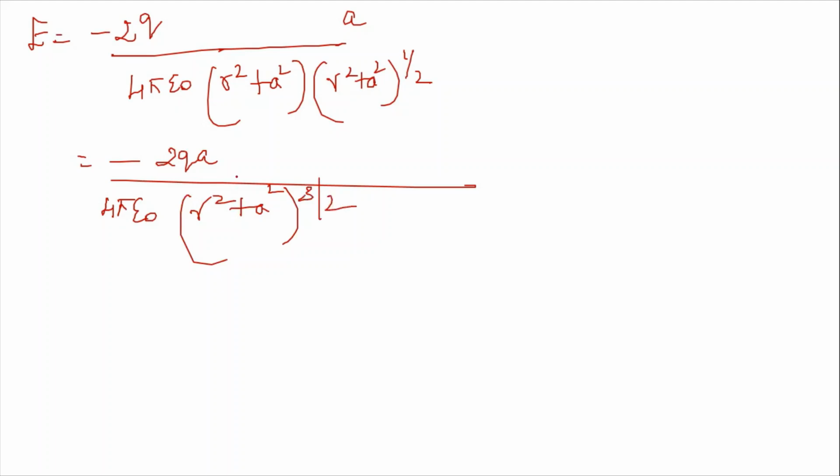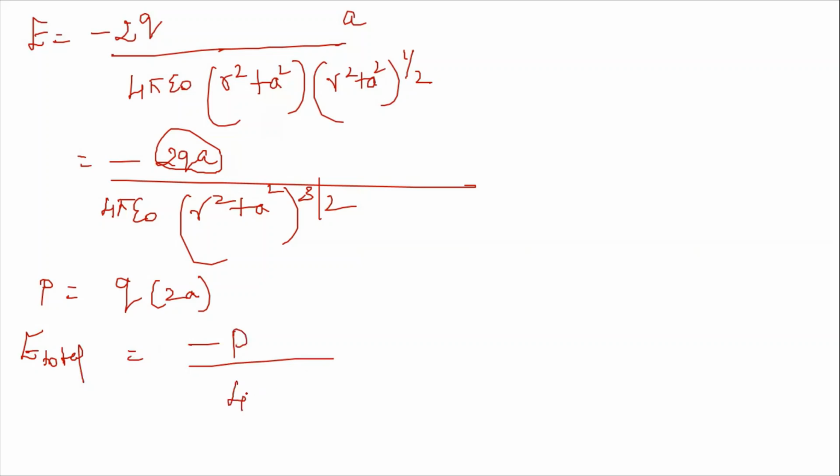Now what is this minus 2qa? We know that the dipole moment P is equal to Q into 2a, right? So the total electric field E total will be minus P by 4 pi epsilon naught R square plus A square, the whole power 3 by 2.